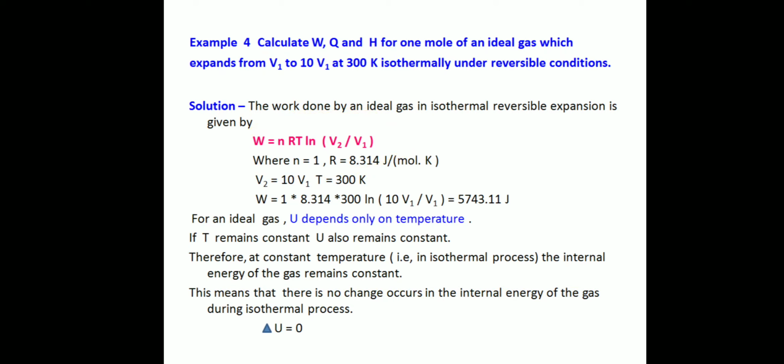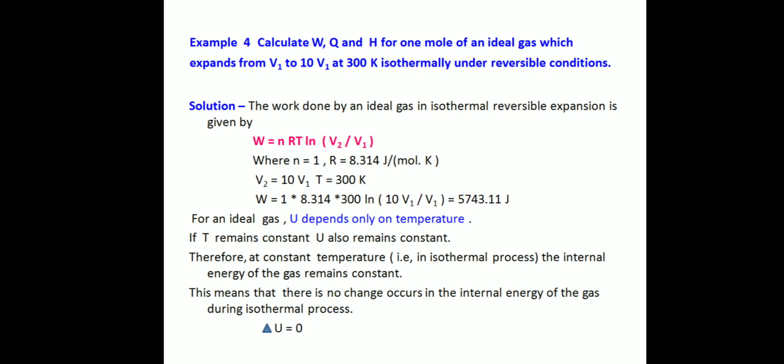So what is W? W is equal to nRT ln V2 by V1 for the isothermal reversible expansion. Now put the value of nRT, V1 and V2, we get W as 5743.11 joules, right?